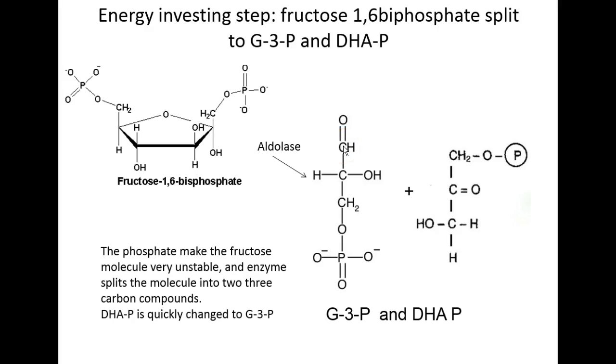G3P has 3 carbons, 1, 2, 3, with a phosphate attached to carbon number 3. DHAP also has 3 carbons, 1, 2, 3, with a phosphate attached to carbon number 1.